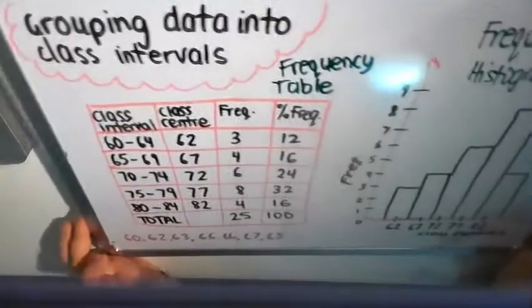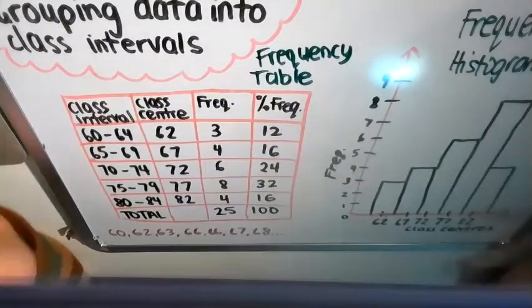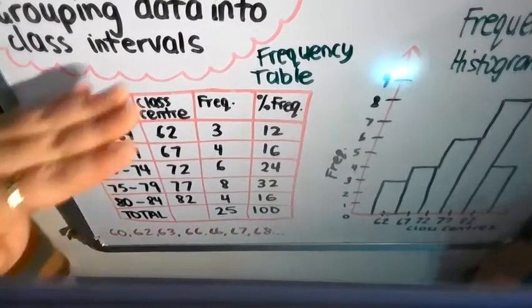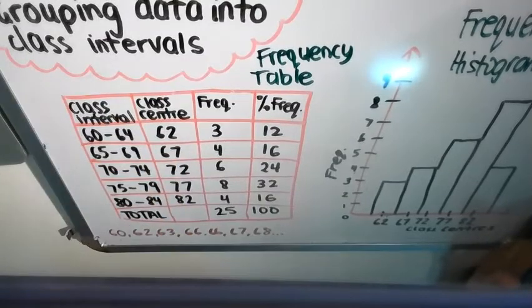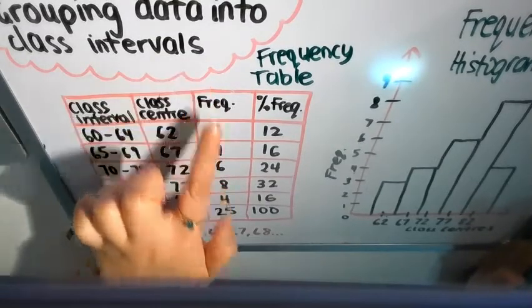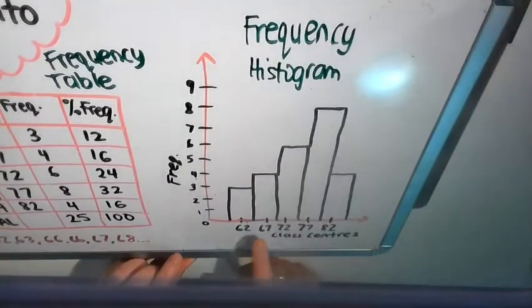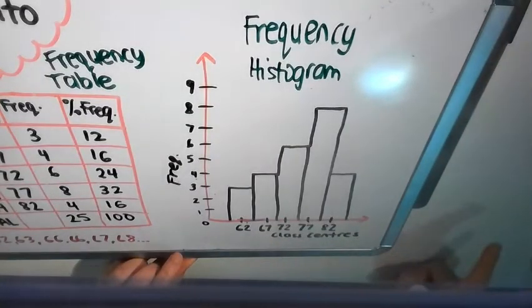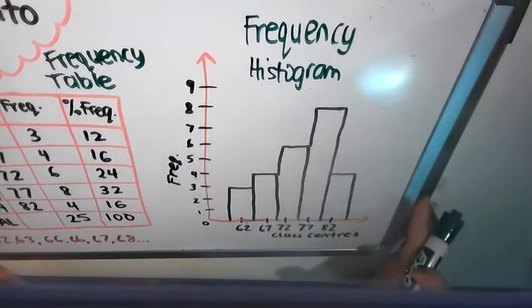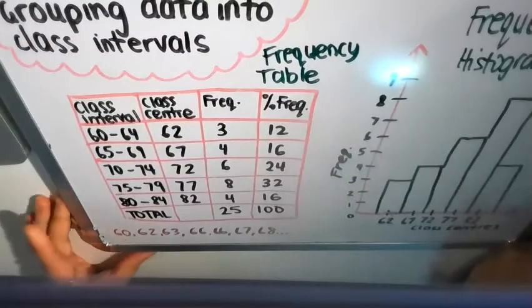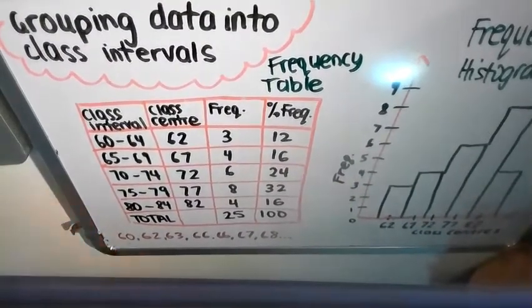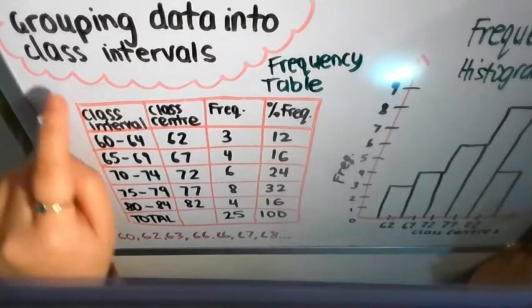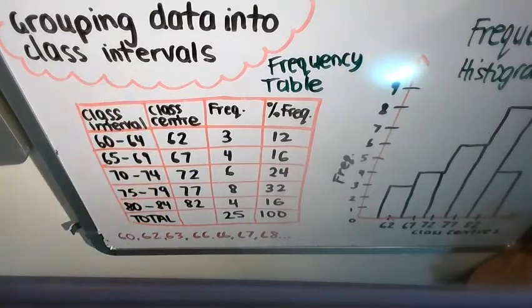But when we have so much data, it will be very hard to list all of the scores, list how often they appear, and then list all of the scores onto the histogram. That will take a long time. So that's why there is a technique called grouping them into class intervals.